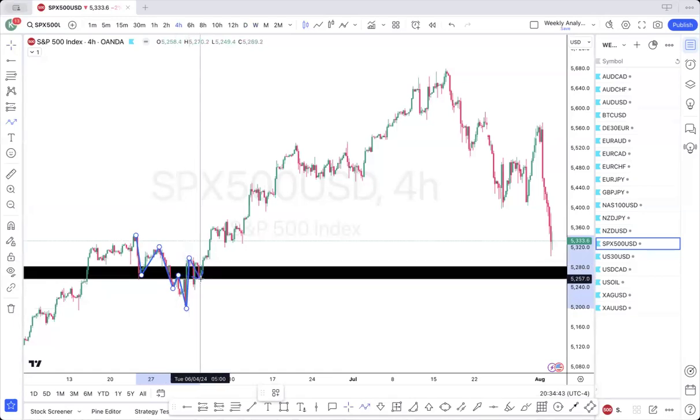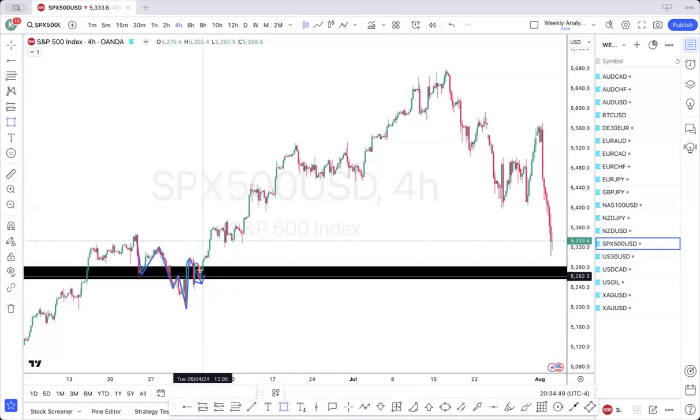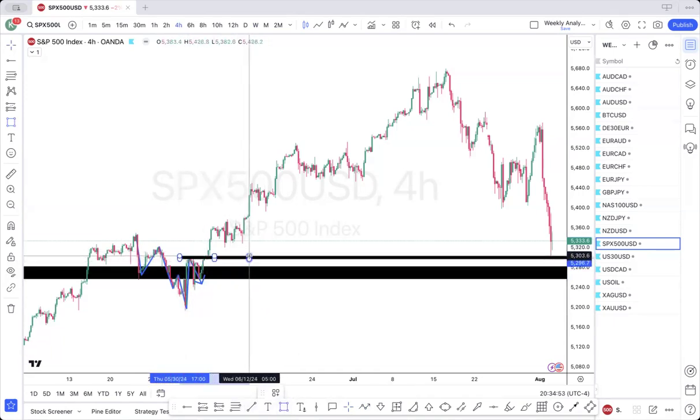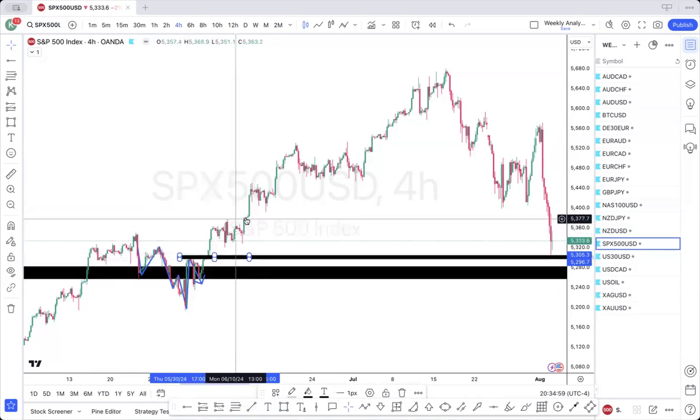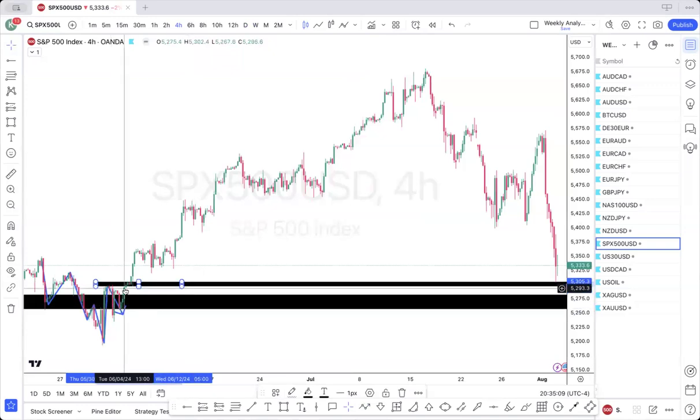Price pulled back and retested this high. And the zone that has not been pulled back and retested was this zone here. This high, this break here, price has not pulled back to this zone. So price is now approaching that zone.